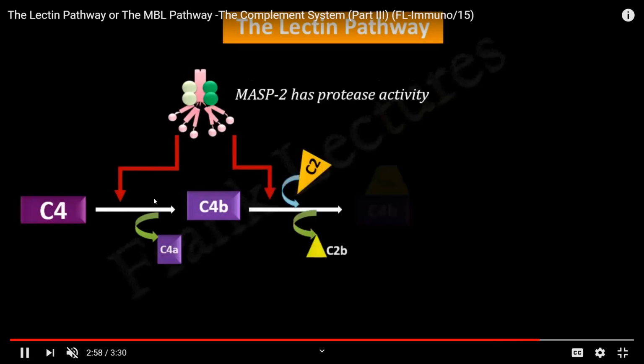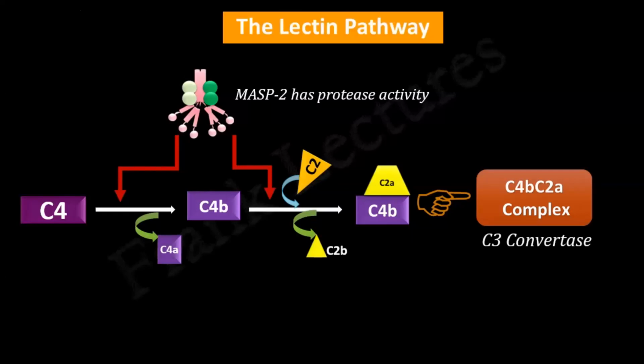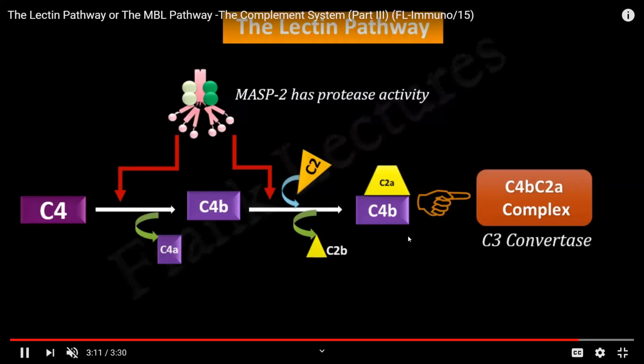C4a gets released, and C4b remains attached on the microbial surface. Then C2 comes and is cleaved again by MASP2. C2b this time gets released, and C2a remains attached to C4b. Altogether, C4b C2a forms a complex which is known as C3 convertase.